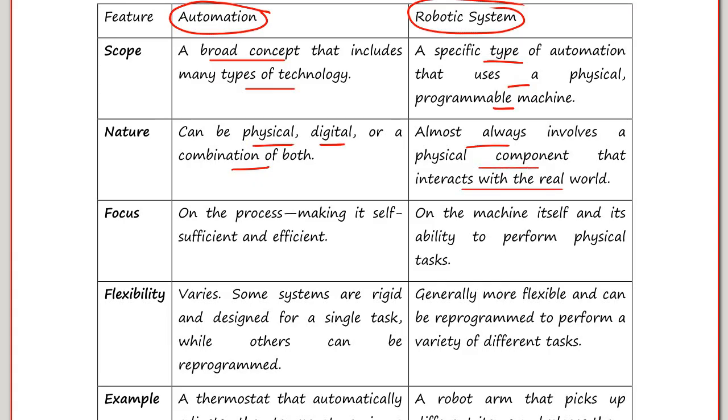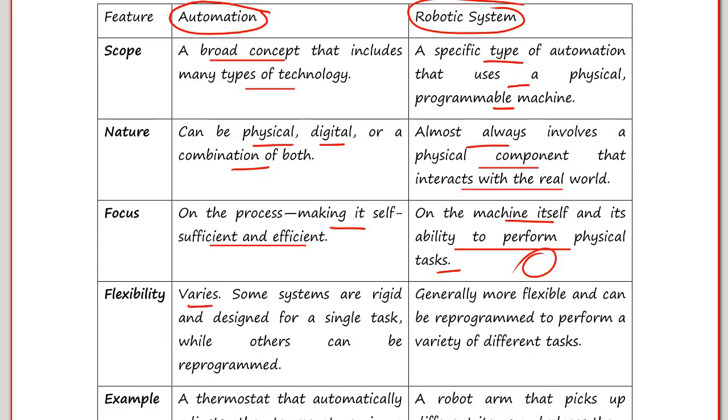Now, in the case of automation, the focus is on the process, making it self-sufficient and efficient, whereas the machine itself and its ability to perform physical tasks is the main focus for a robotic system.